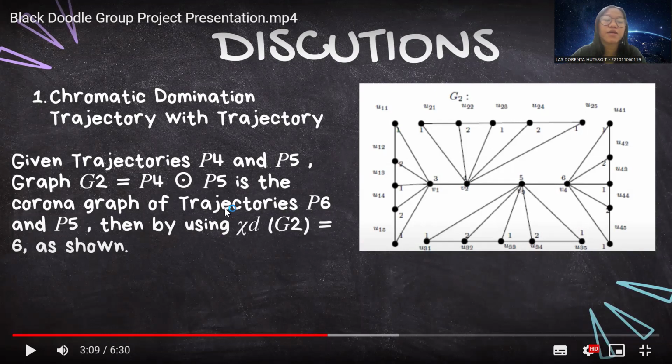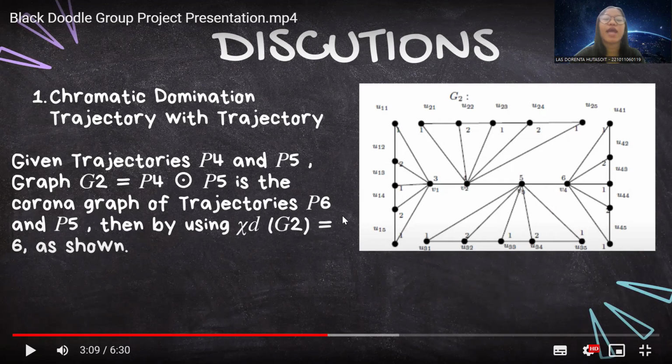For example, chromatic domination of path with path. Given paths P4 and P5, graph G2 equals P4 ∘ P5 is the corona graph of paths P4 and P5.